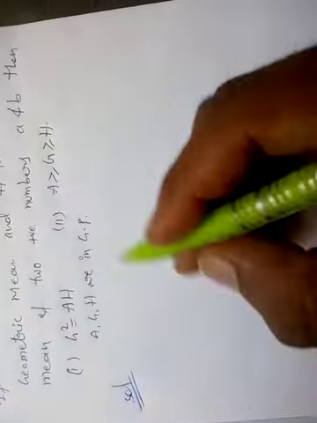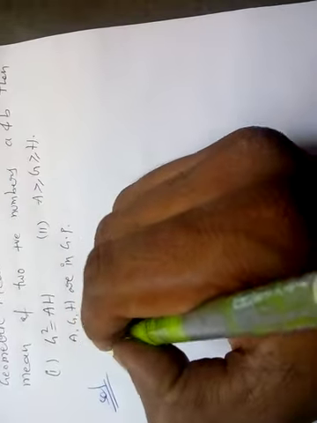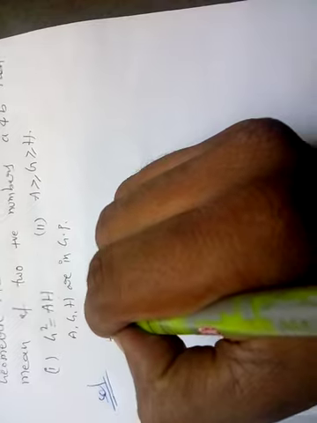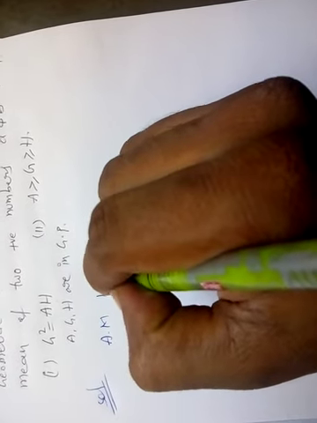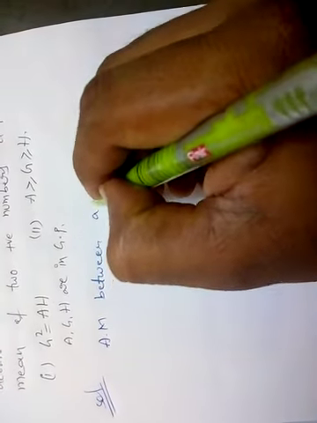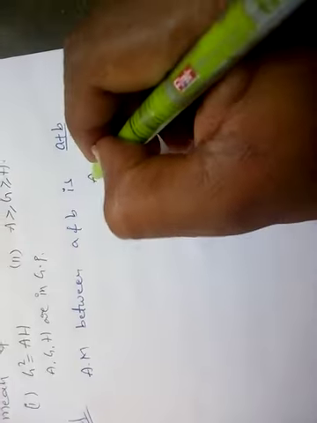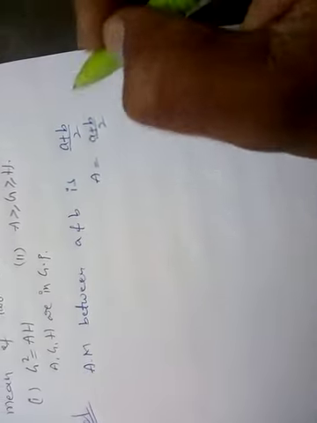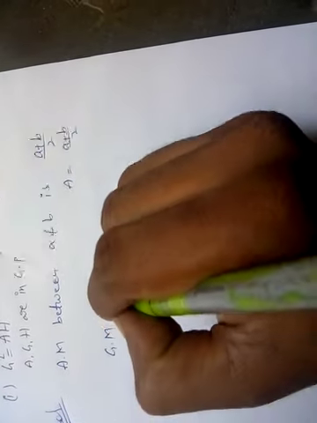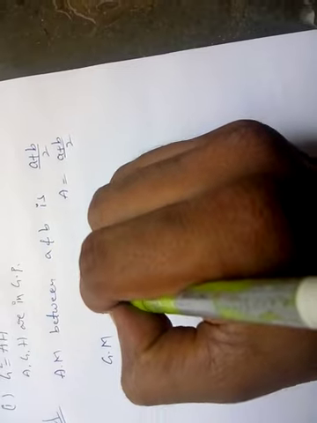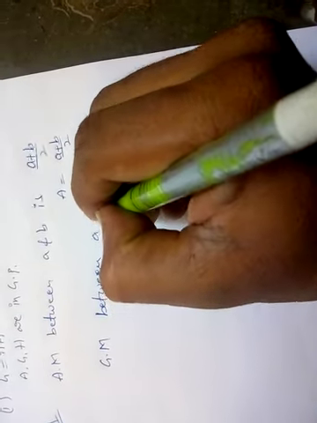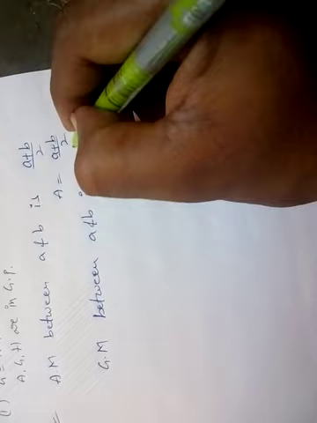So here two positive numbers A, B. Arithmetic mean is denoted by A. So the arithmetic mean between A and B is (A plus B) by 2. It is denoted by A. And the geometric mean between A and B is the square root of AB.